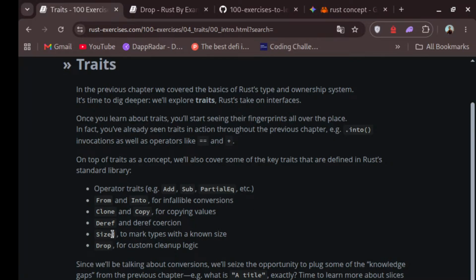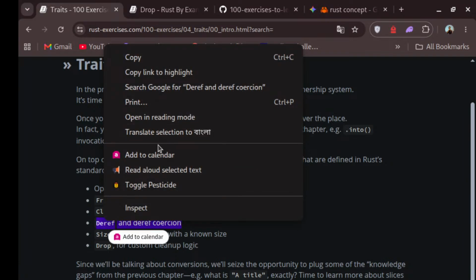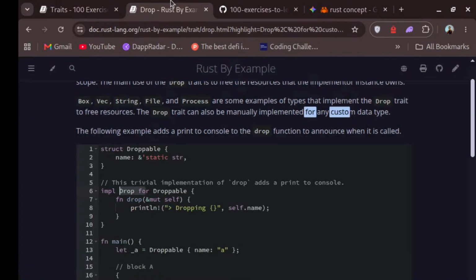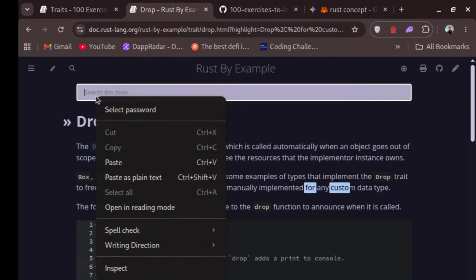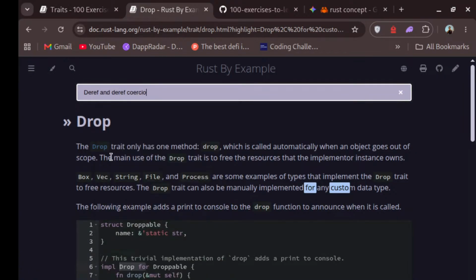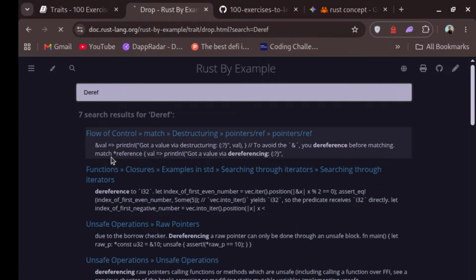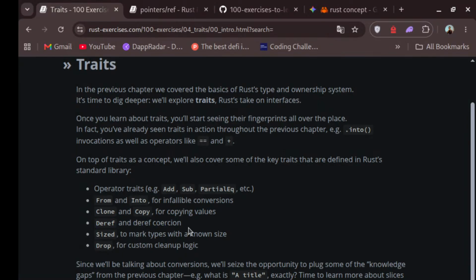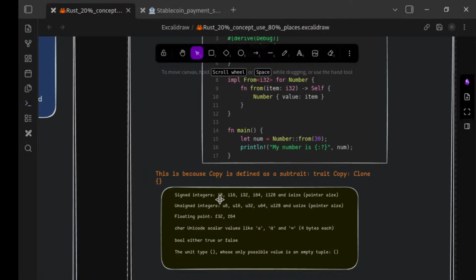And Deref, sorry, Deref means dereference. Okay, I understand. I just forgot that. Size, we already know the size.